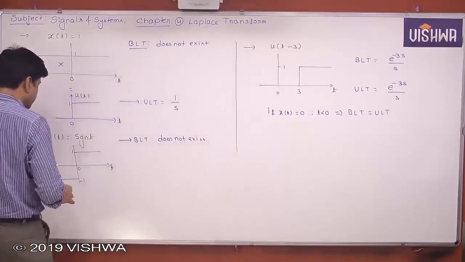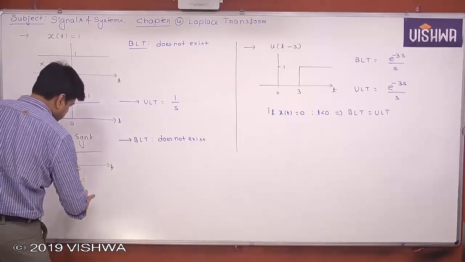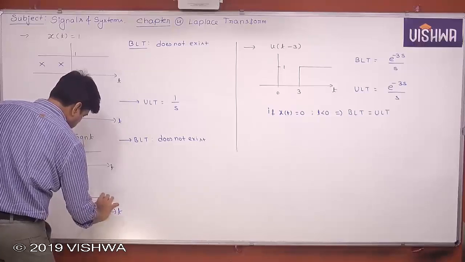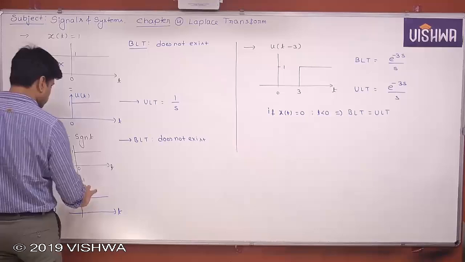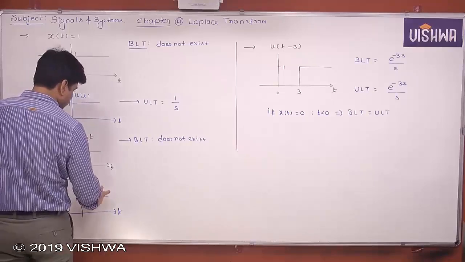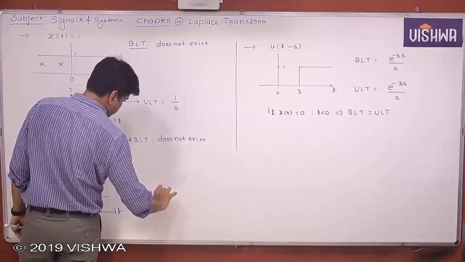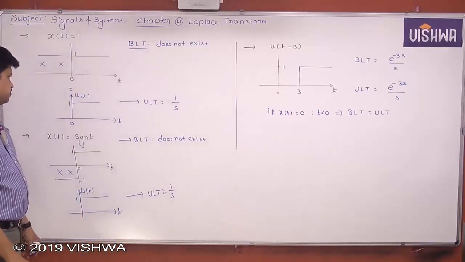Then what is the unilateral Laplace transform? If I don't take this negative portion, then this is equal to u of t. So for this also, the unilateral Laplace transform is equal to 1 by s.